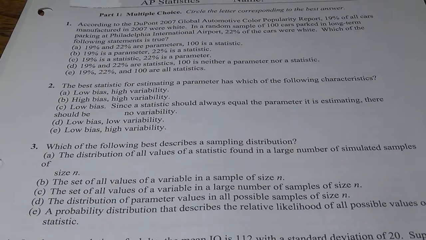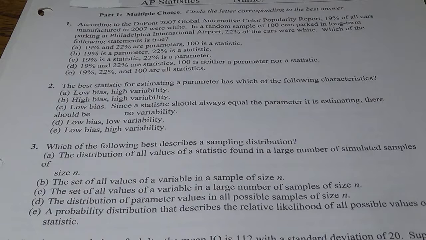Part B, the set of all values of a variable in a sample of size n. Anytime I see the word variable in this chapter, we are graphing statistics, not variables. So it's not a random variable like last chapter. So let's shy away from B. C, the set of all values of a variable again, so let's go away from that.